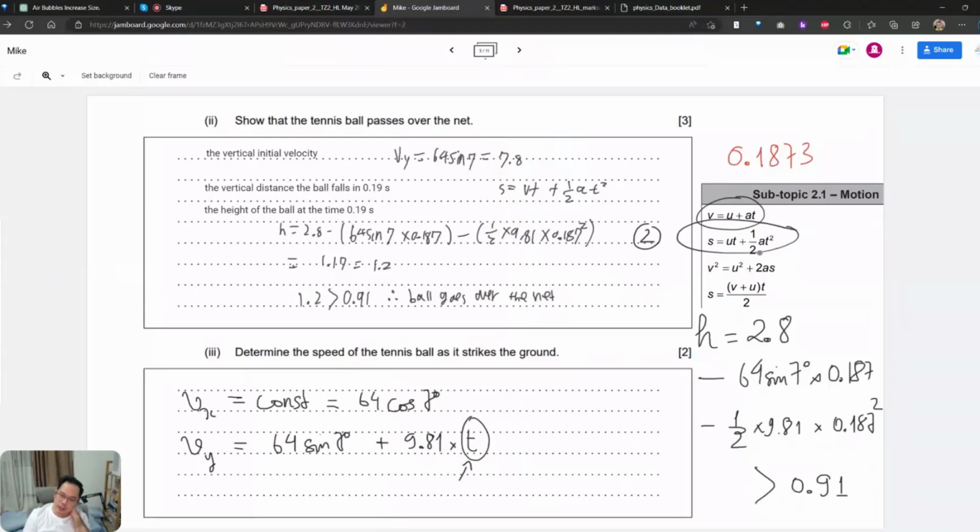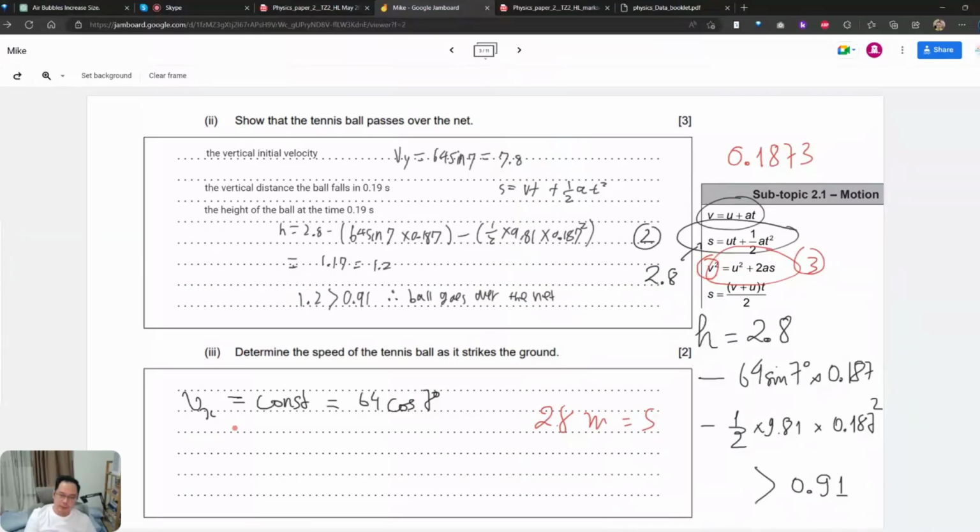S is the height, 2.8 meter, and u is 64 times sine 7. Then you can calculate the time and put it in to calculate the velocity. Wait, let me think. There's another way to calculate this velocity without doing two steps. We just need one step. We can use the third equation here, with s equal to 2.8 meter, so that you can calculate the final velocity.